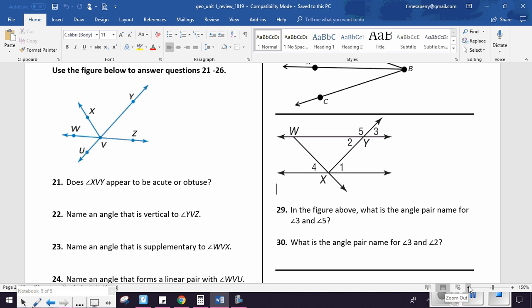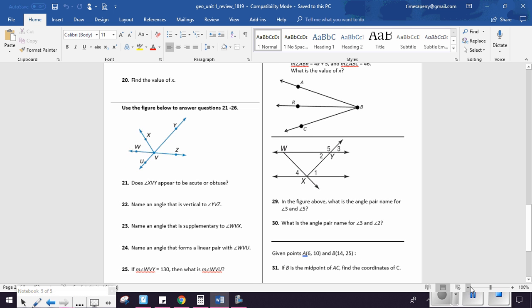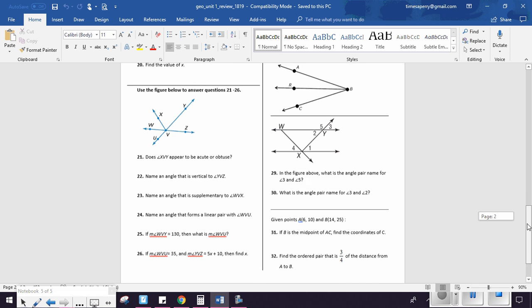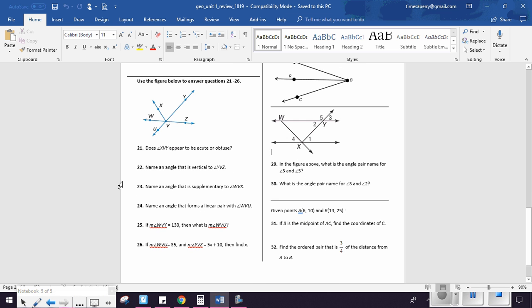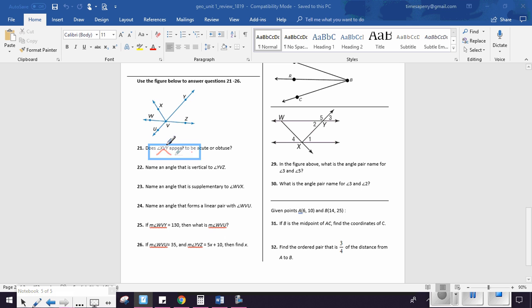Now let me zoom out a smidge to be able to answer 21 through 26. I need to use that picture for all of those questions. 21 asks about angle XVY. It's asking if it appears to be acute or obtuse.